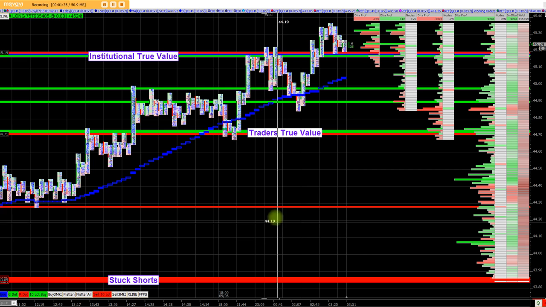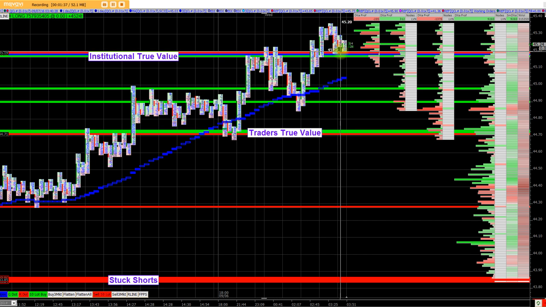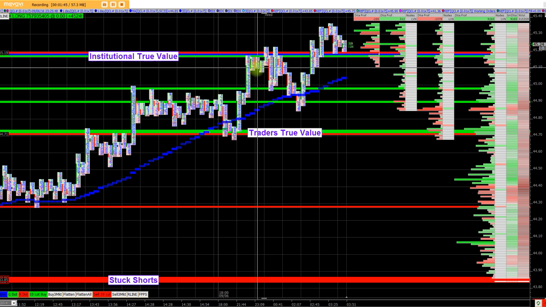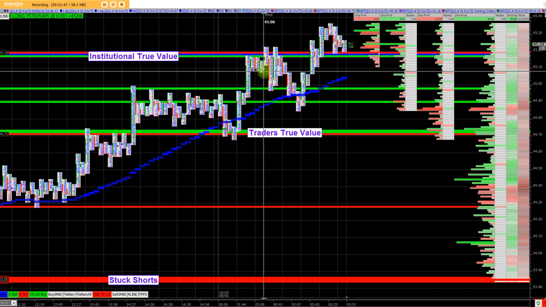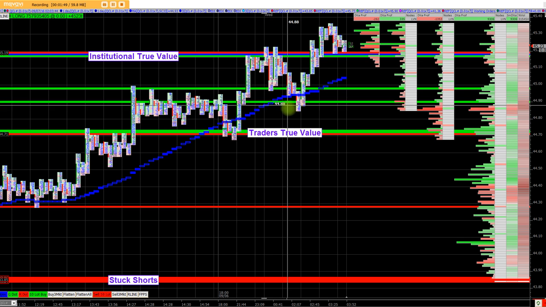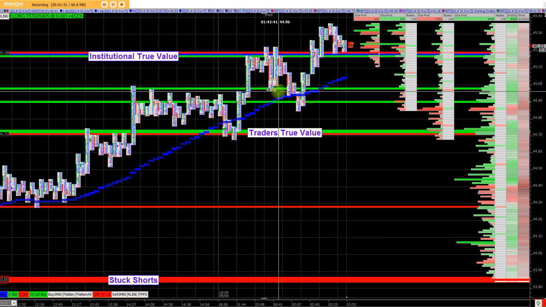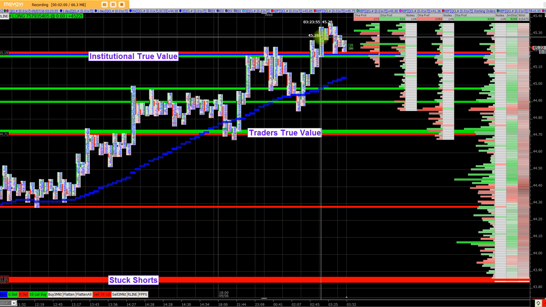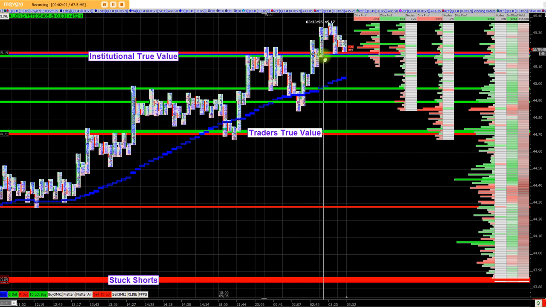So right now, when we look at oil right here, we came up to this institutional true value level, right? Since we opened back up, we backed off, came down to these two levels to where the bulls were able to hold their lines in the sand, came back up to the institutional true value, back down, and now we've managed to stay above it.